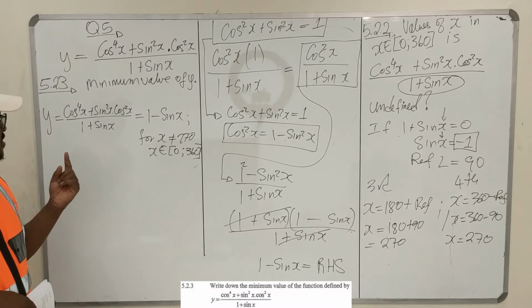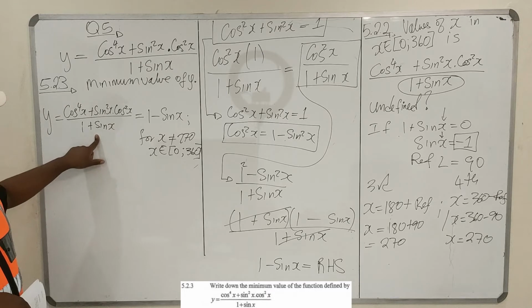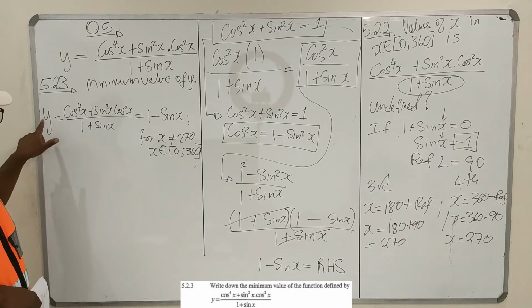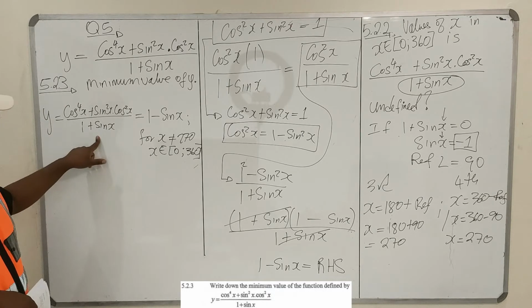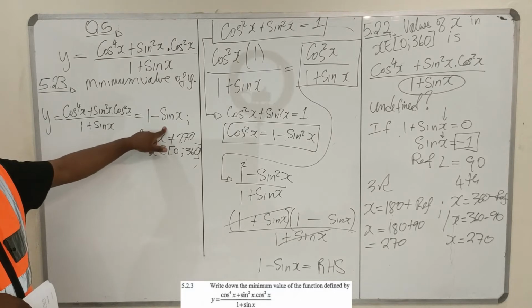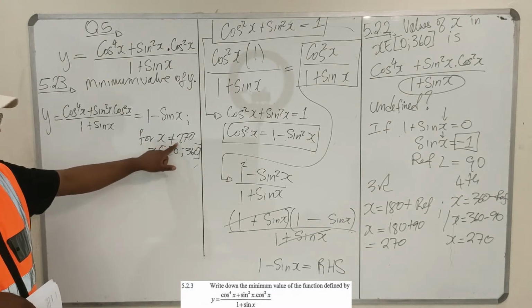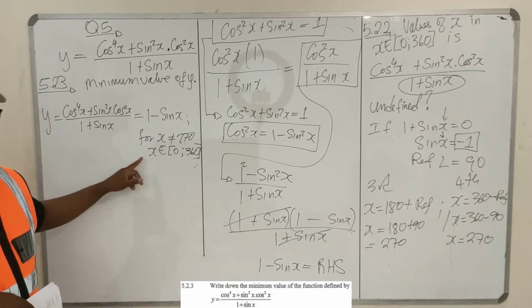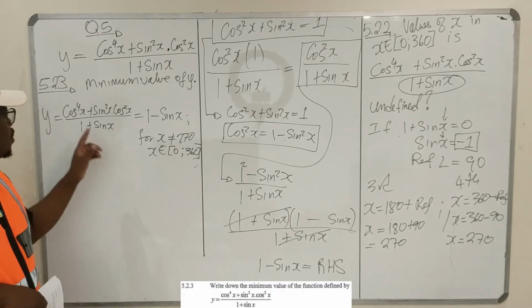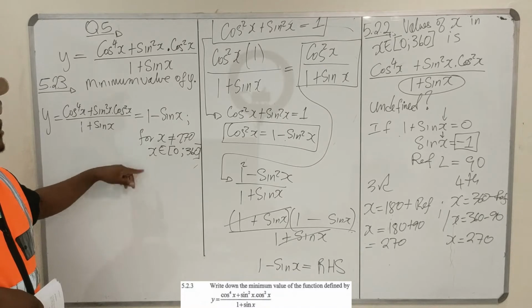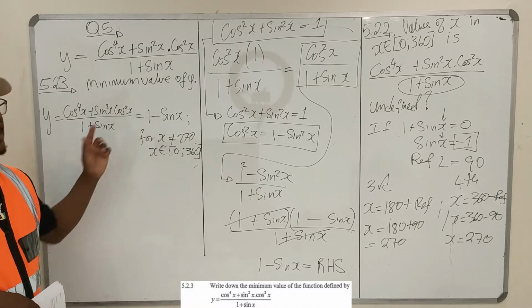What I'm trying to say is y is equal to this thing for x not equal to 270 on this interval. So work with this interval, because on this interval I know where these two are equal.